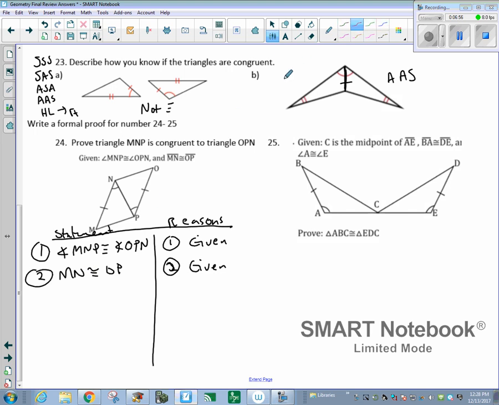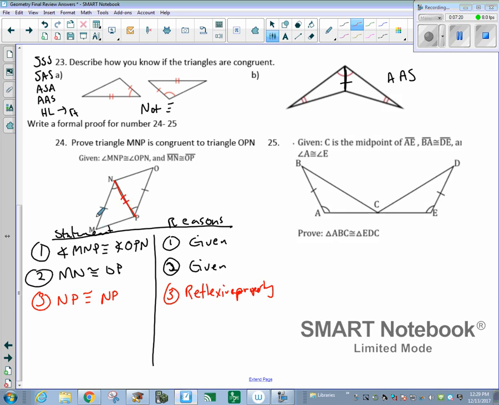If I'm looking at my drawing, you may notice that NP here is a reflexive side. It's in both triangles. So if you remember this one, we can say that NP is congruent to NP because of the reflexive property. The reflexive property tells me that those two pieces are equal.